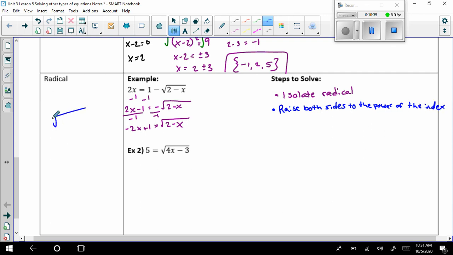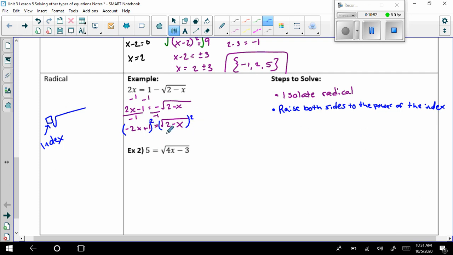Remember from Algebra 2 that the index is that little number on the outside. If it doesn't have one, then it's a square. So we're going to raise both of these to the second power.